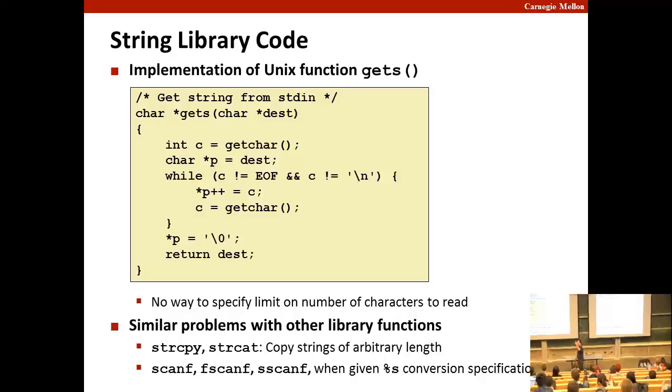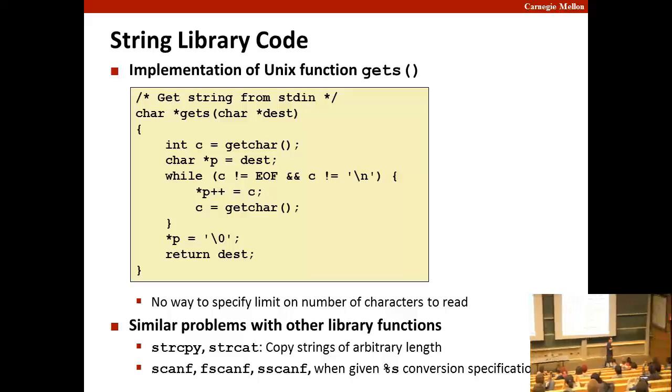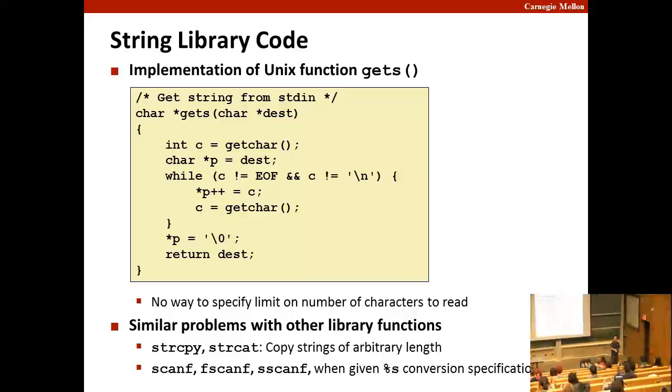So if your buffer has room for 10 characters, and the user enters 500 characters, it's going to write the first, second, third, fourth, and then just keep writing past the end of your buffer, overwriting things, destroying stuff until either it's done, or hits some page that's not mapped, and thereby you get a seg fault. Similar problems exist with things like strcpy or strcat that don't have sizes.